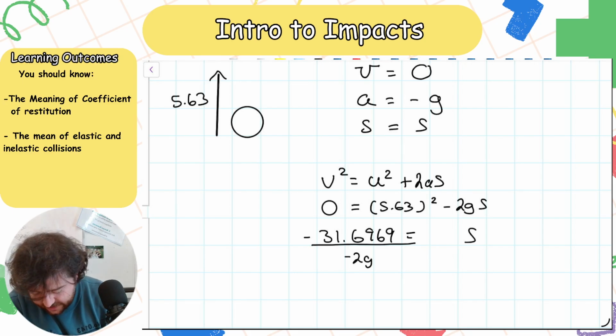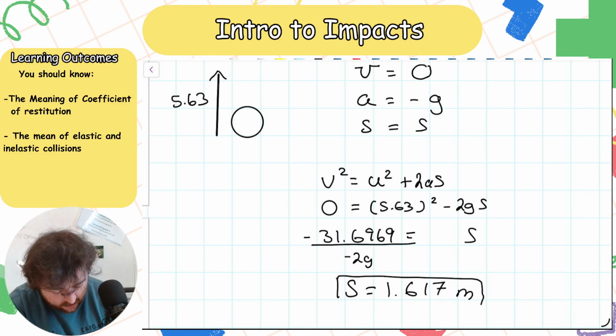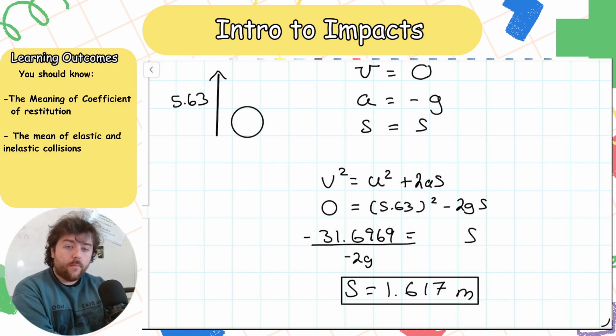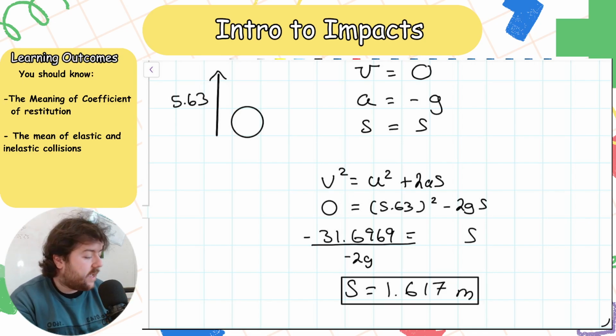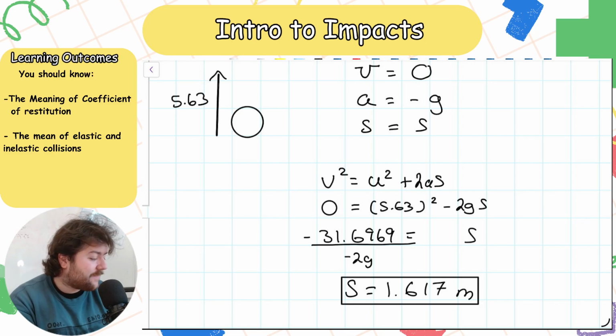Then I'm left with s is equal to 1.617 meters. So my ball rises 1.617 meters. Right, so that's the intro to impacts. I hope this video was some help to you guys, and I'll catch you guys later. Bye.